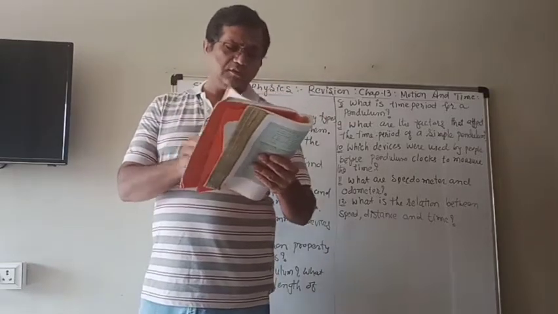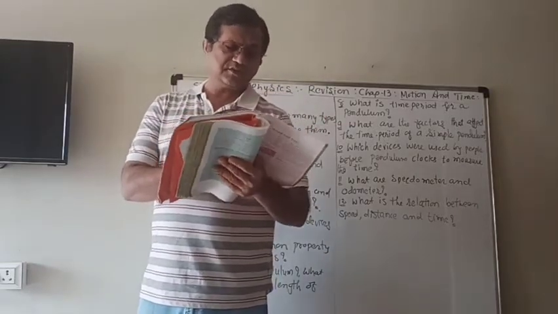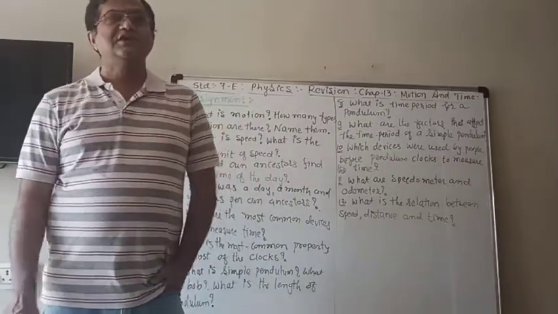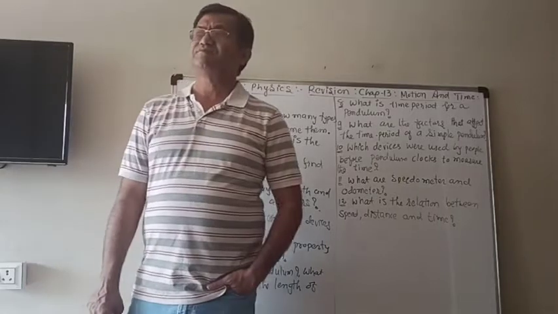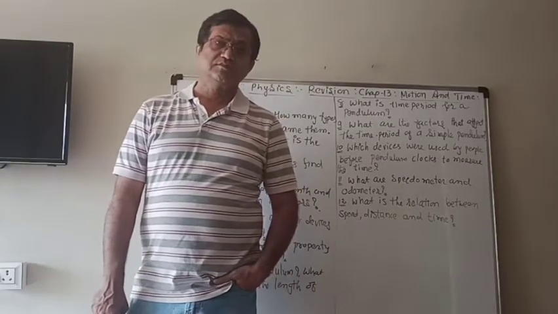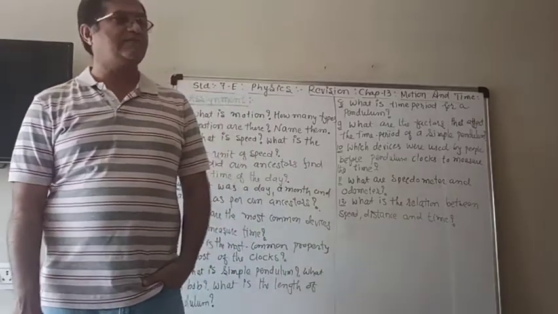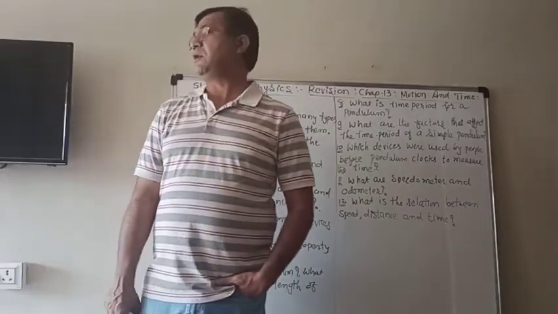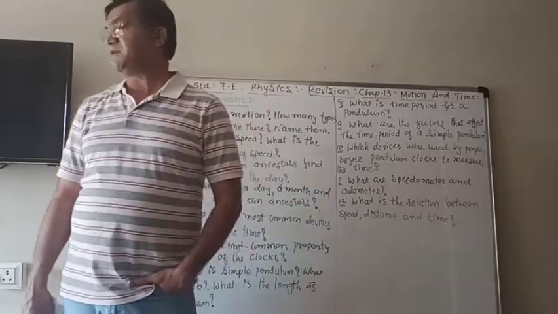So now the speed can be obtained by the formula distance covered divided by time taken, and then by division you get the value of the speed of that particular object.